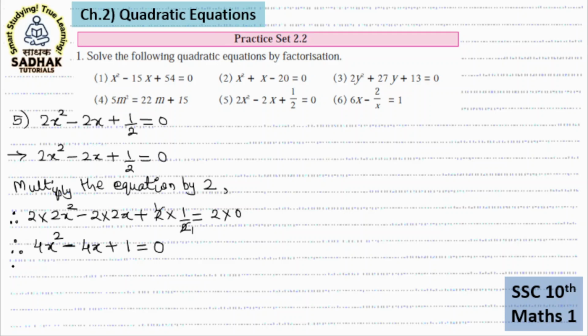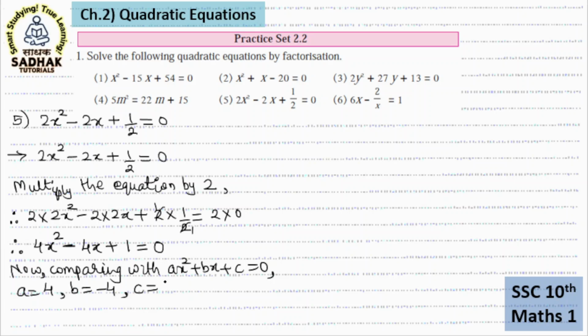Okay, so now comparing with ax square plus bx plus c is equal to 0, we get a is equal to 4, b is equal to minus 4, and c is equal to 1.